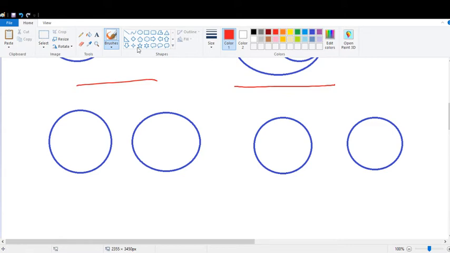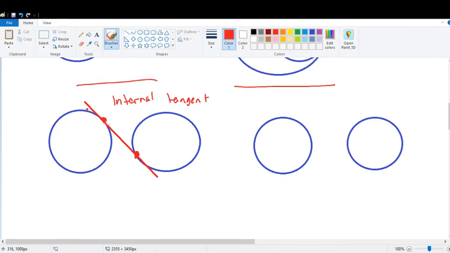If I have a line that touches or intersects only one location of two circles, like so, one location of two circles, and if it's between the two circles, we call this an internal tangent, because it's touching one point there and one point there.